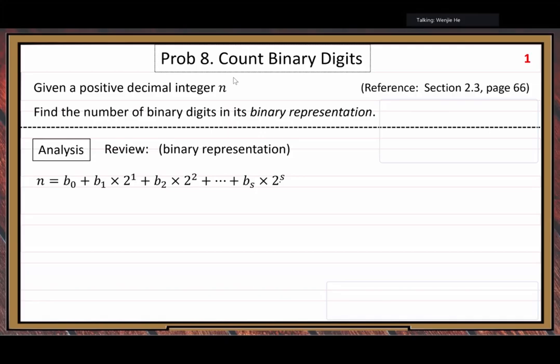And left-hand side, we use the decimal system, decimal numeral system. When we use the decimal system, we use the number base. Base is 10. Now we switch to the binary numeral system because computer internal calculation uses the binary numeral system.